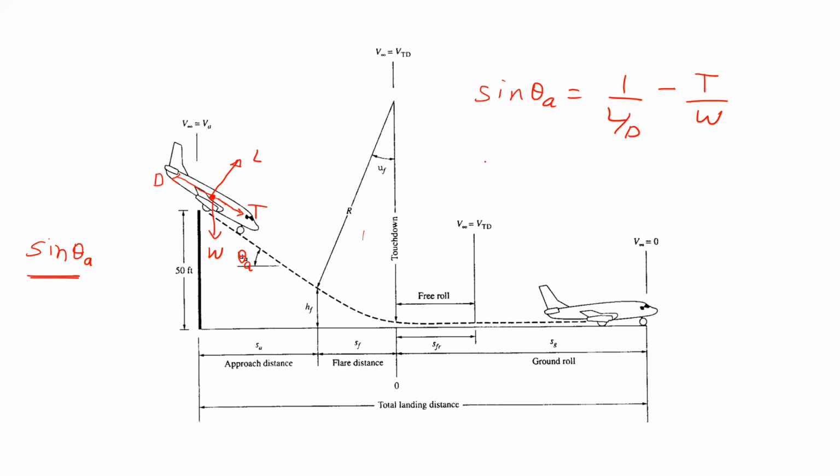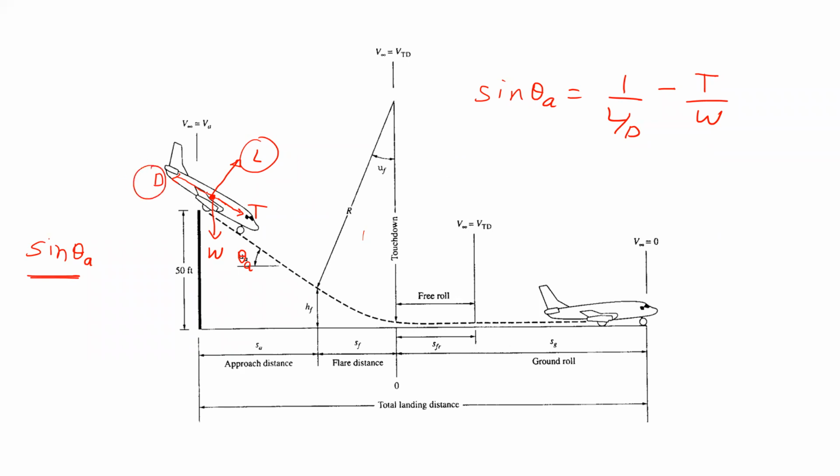Along the flight path. It is L sine theta plus T. No, there is no component of L along this direction. It will be W sine theta.